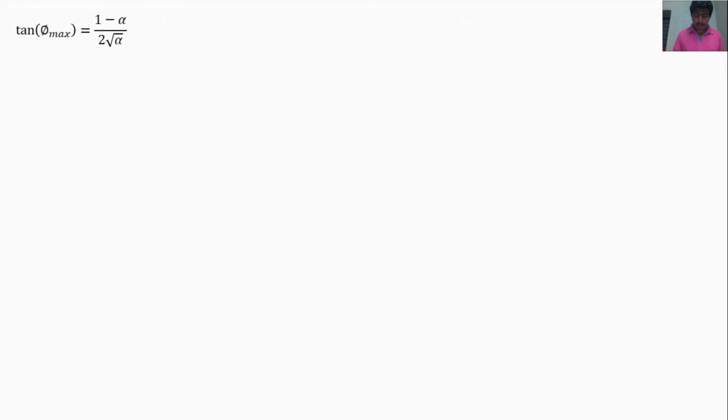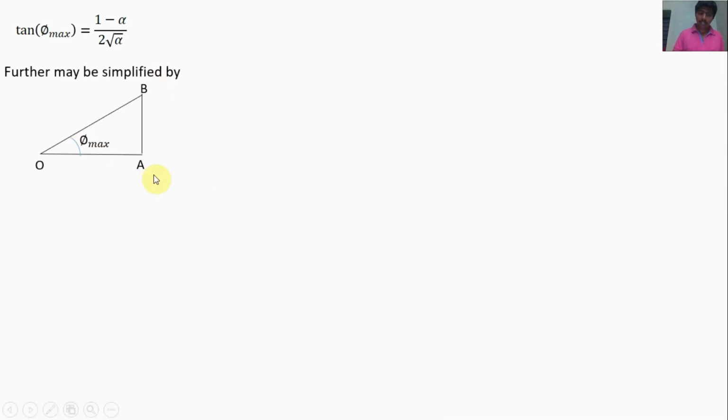We may simplify it further by taking a right angle triangle. This is phi max. Tan phi is equal to opposite by adjacent side. The opposite value is 1 minus alpha, and the adjacent side is 2 root alpha.